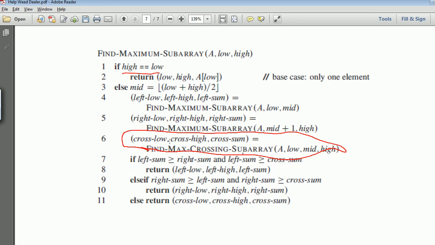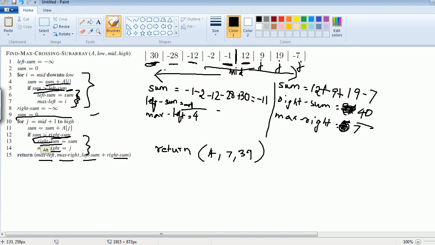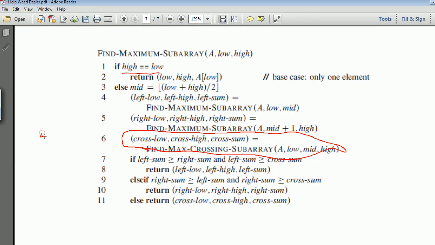And what would be the result here? Let's see, 4, 7, and 39. 4, 7, 39.